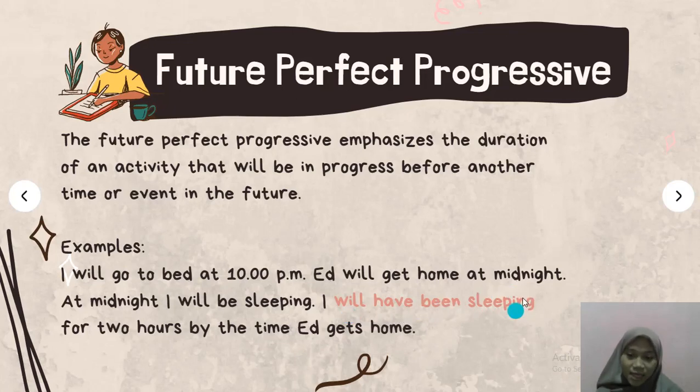Why verb ing? Because here is future perfect progressive. Have been as a perfect tense and progressive as a progressive, and sleeping as a progressive tense. So I will have been sleeping is a future perfect progressive.